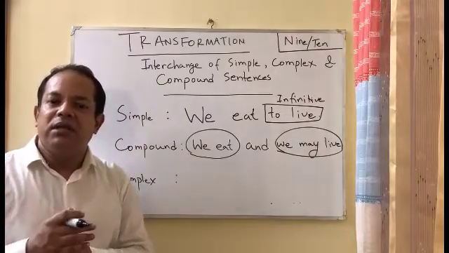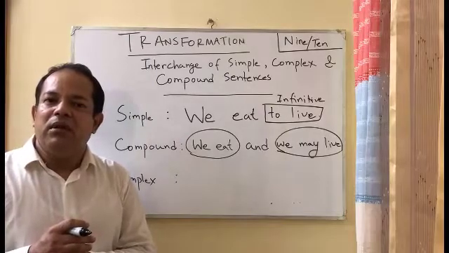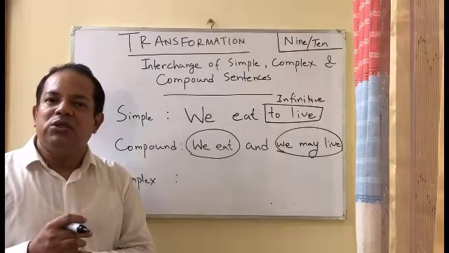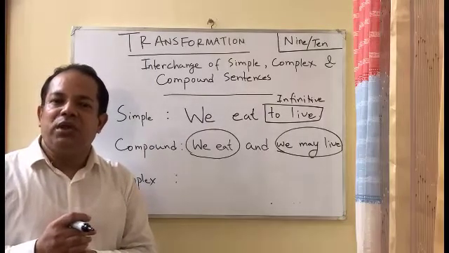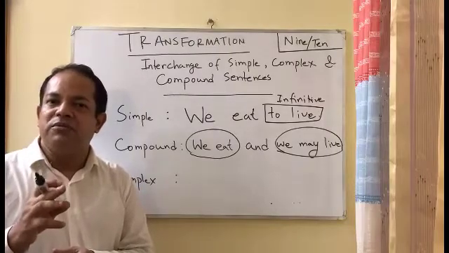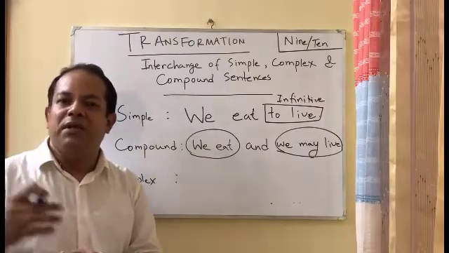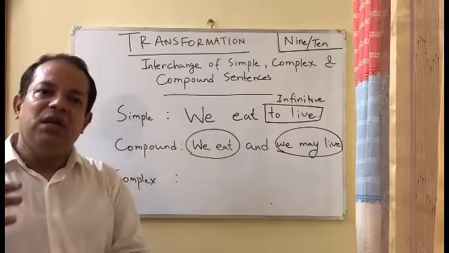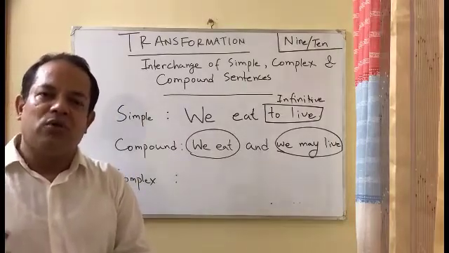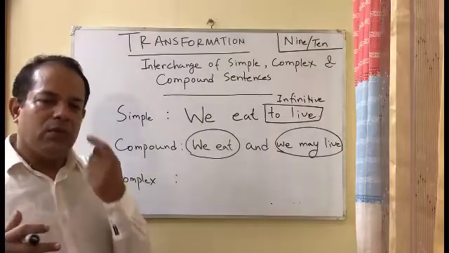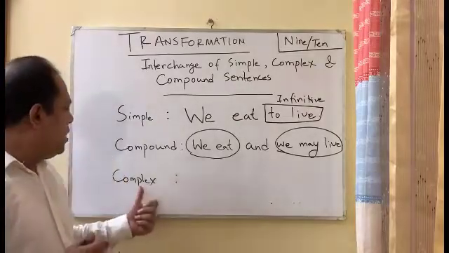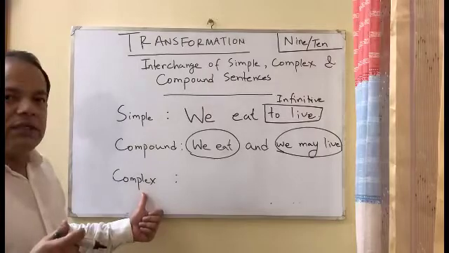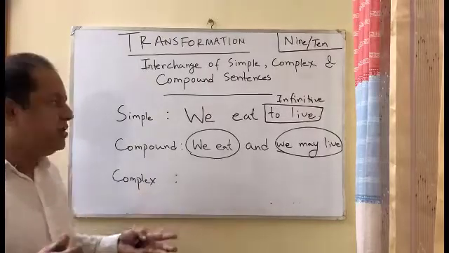In secondary level, for changing, you were given only one principal clause and one subordinate clause. But in higher level, with one principal clause, you can see one or more subordinate clauses. So, complex sentence, how can you form it.